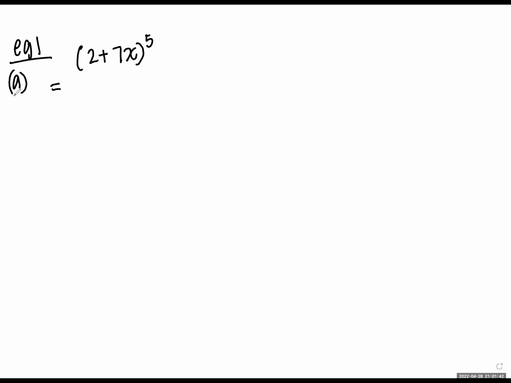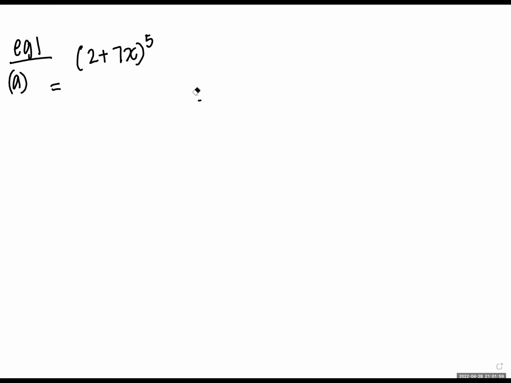So what does the formula say? This is not a 1, right? So you're going to use the formula. It's n choose 0. What's n? 5.